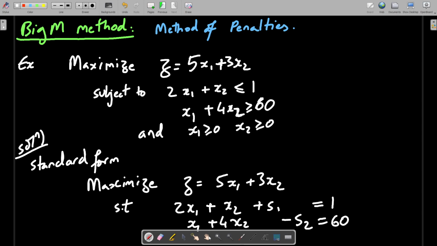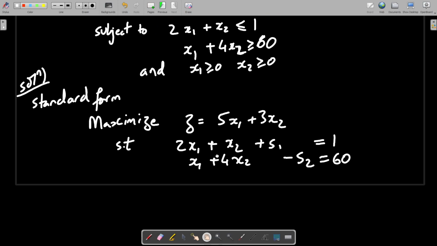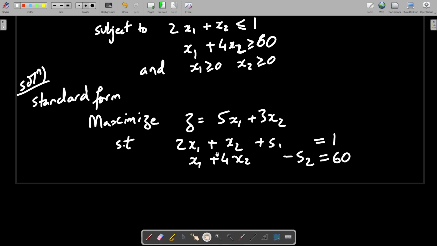So instead of plus sign, I'm getting a minus sign here now, greater than.